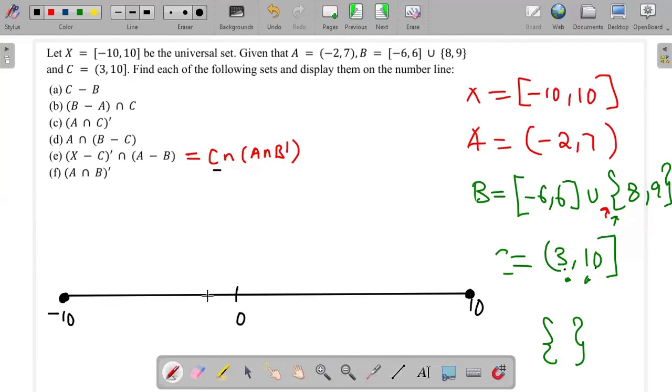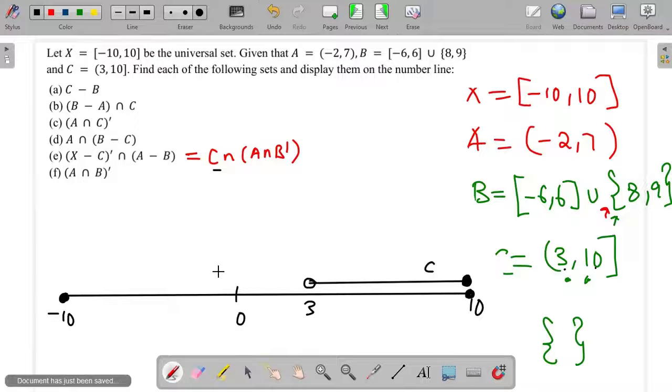I'll first plot C. C is from 3 to 10. The 3 is not included, the 10 is actually included. So this is my set C.